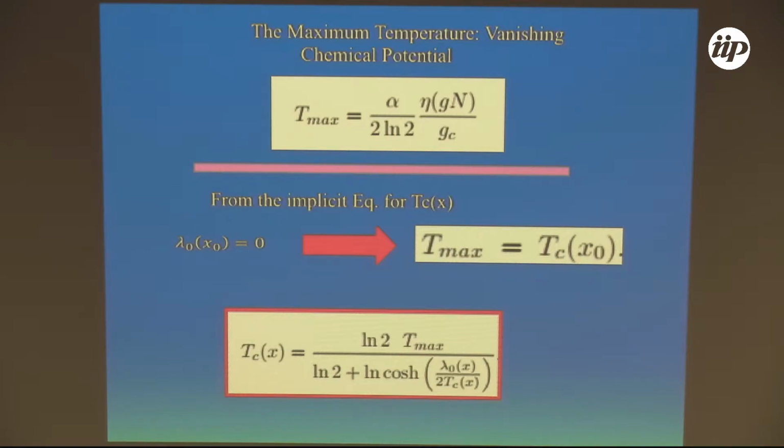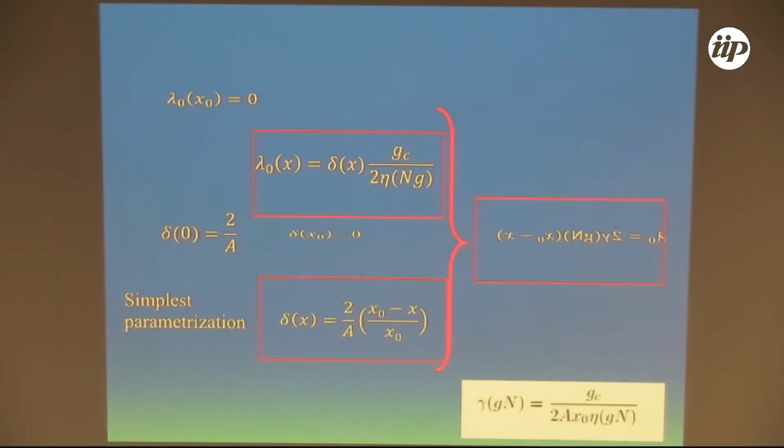And from this equation, which I repeat here, I conclude that the chemical potential at the optimal doping must vanish, which implies this function has a maximum at T max, given by that expression. So lambda 0 at optimal doping must be 0.